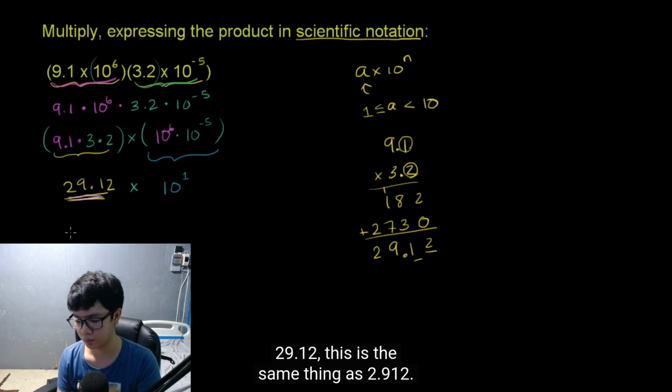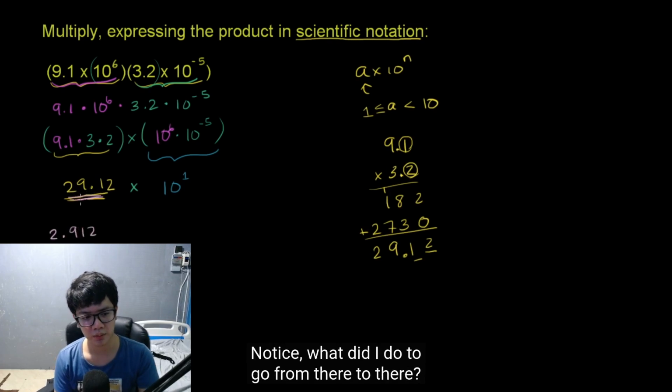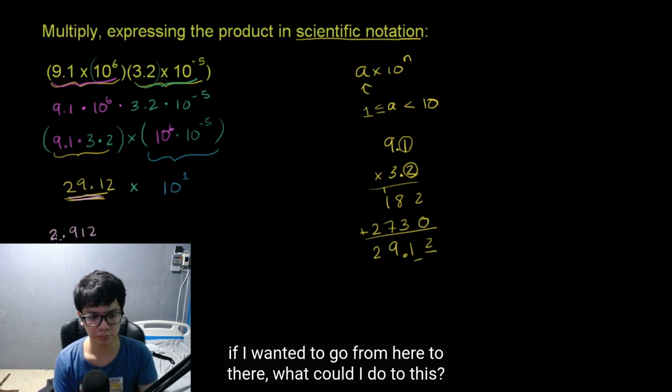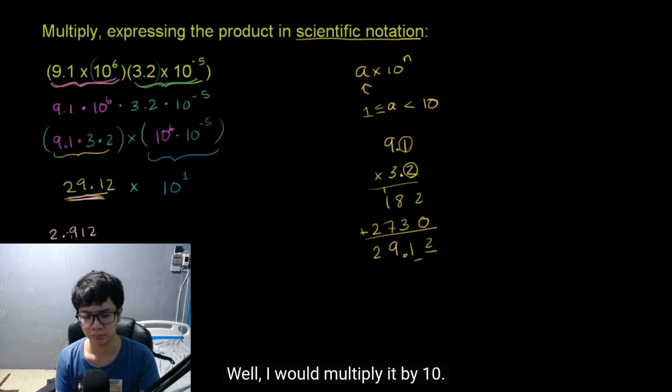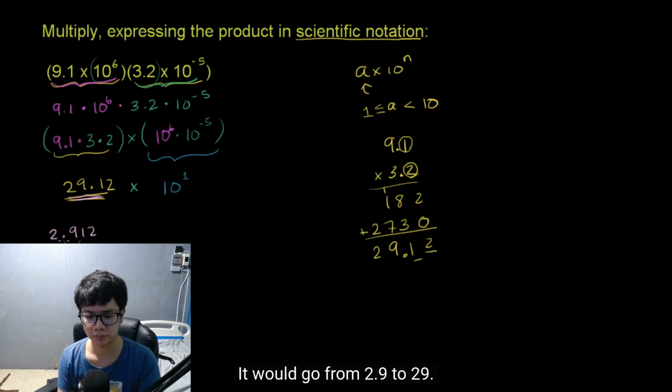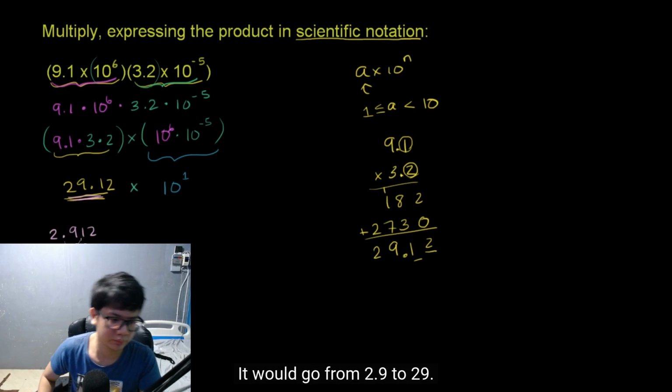29.12 is the same thing as 2.912. Notice, what did I do to go from there to there? I just moved the decimal to the left. Or another way to think about it, if I wanted to go from here to there, I would multiply it by 10. If I multiplied by 10, I would move the decimal to the right. It would go from 2.9 to 29.